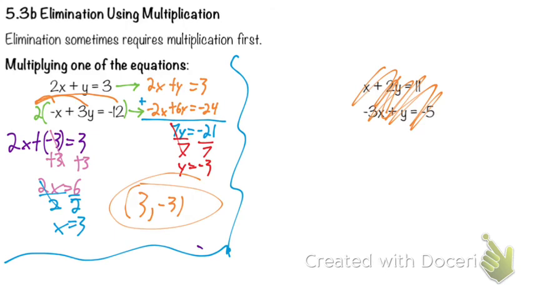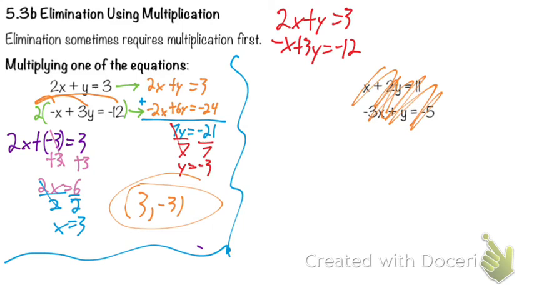Let's say we have these original 2 equations again, okay? 2x plus y equals 3, and negative x plus 3y equals negative 12. And let's say, instead of getting the x's to eliminate, I want to get the y's to eliminate. Well, what would I need this top y to become in order for these to add to 0?